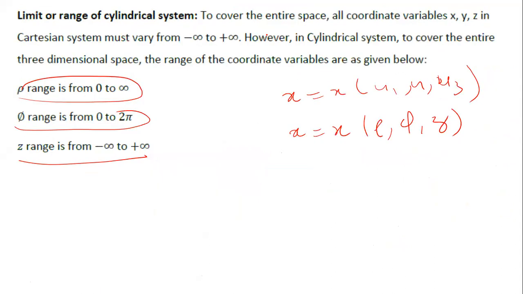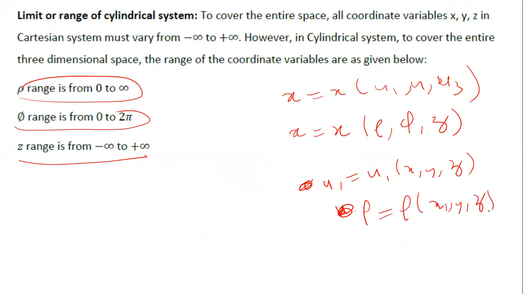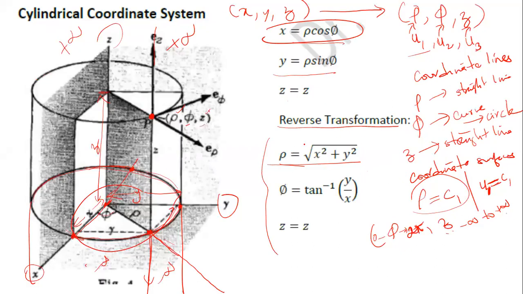And the reverse is when you write u1 as a function of x, y, and z. Here in this case, we now have rho as a function of x, y, and z. So here you see that rho can be written as square root of x squared plus y squared. So that's what we mean by a reverse transformation relation.